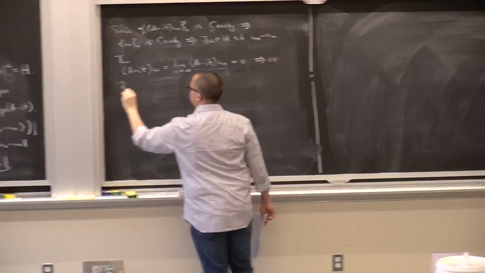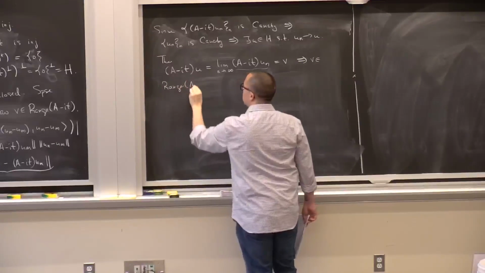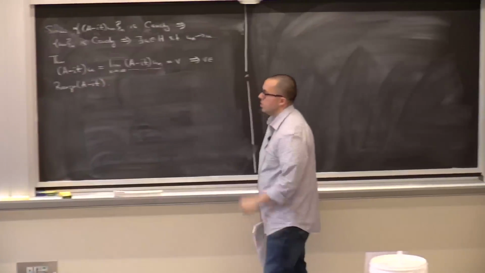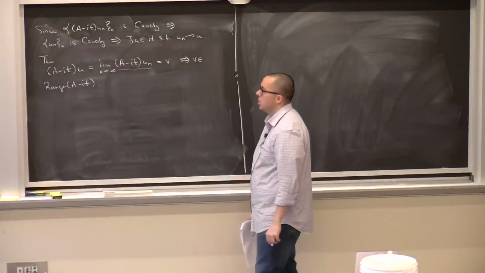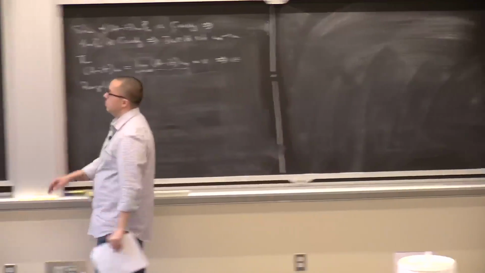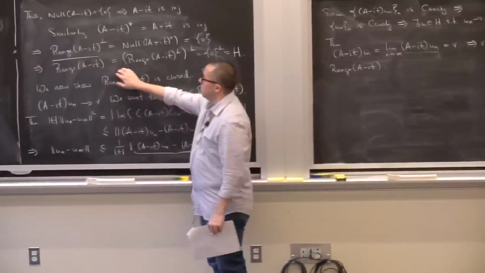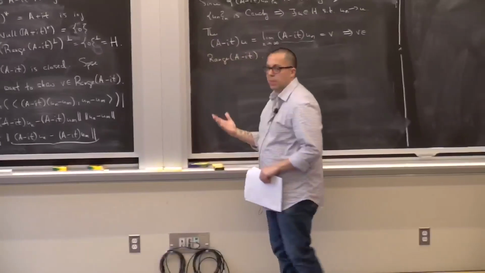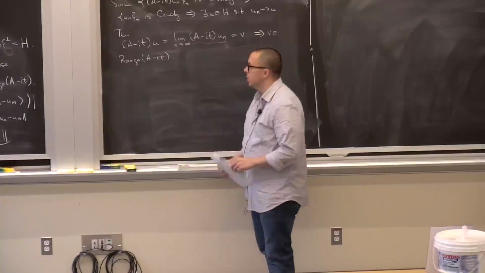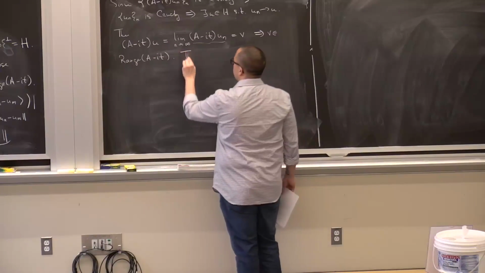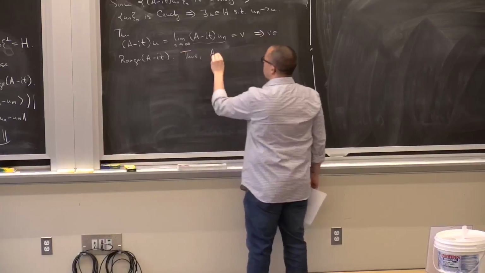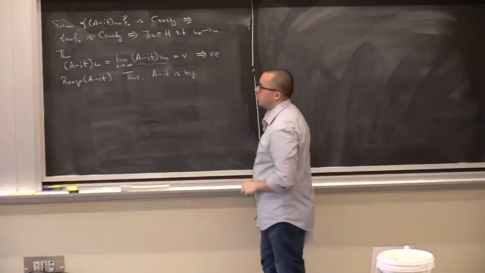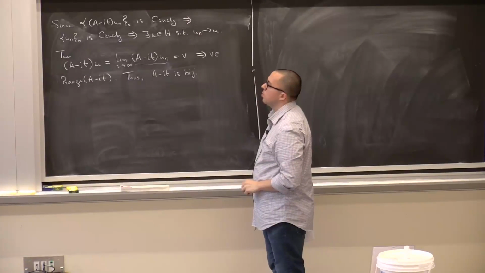So v is in the range, and thus the range of A minus iT is closed. And by this here, we conclude that the range of A minus iT equals H. So A minus iT is bijective. Okay, and that concludes the proof of the first property we wanted to do.